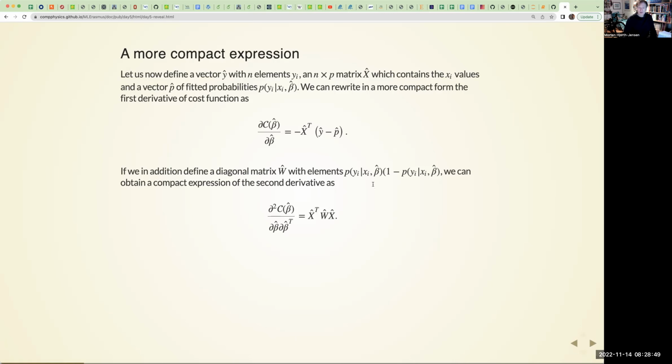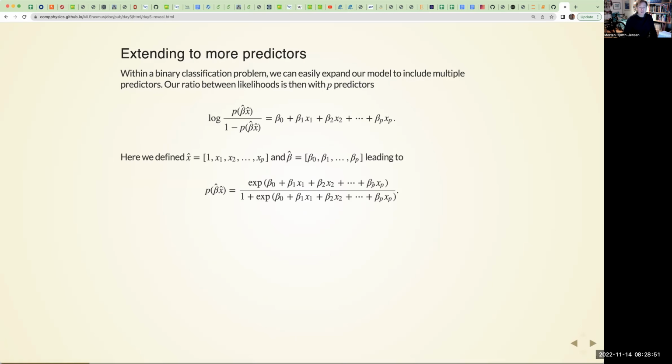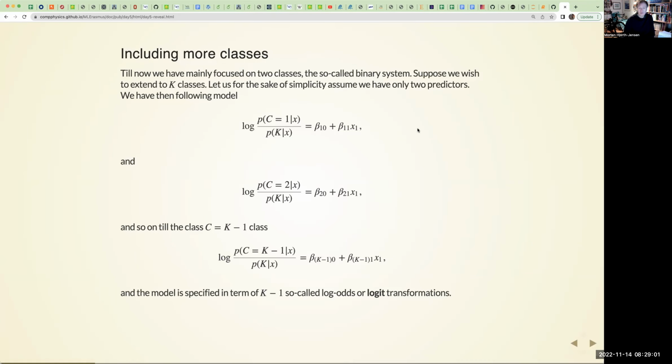So these are the expressions which we have, and you can extend this to more predictors or more features, and then you would simply have more variables which you will need to fit. You can extend this to more classes, and that leads to what's normally called the softmax function. And the softmax function is very much motivated by physics, where we would have the ansatz which Planck made in order to reproduce black body radiation.